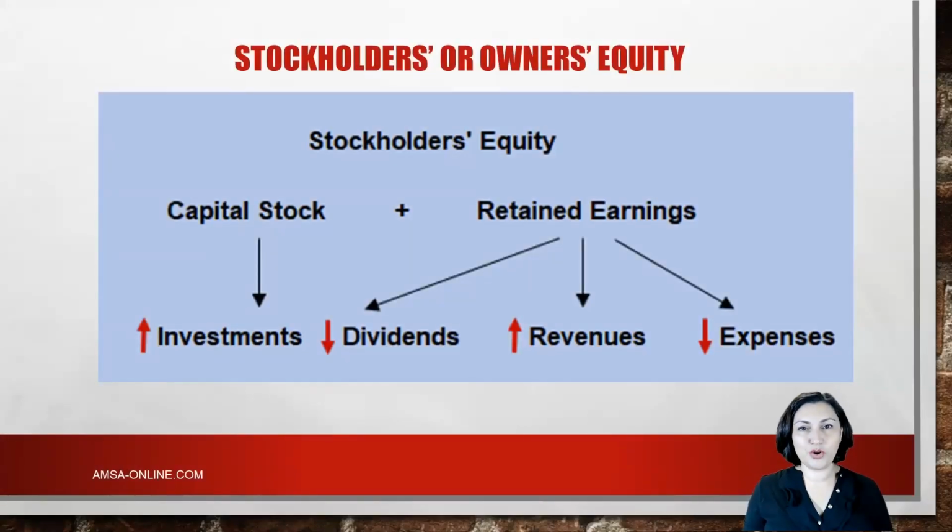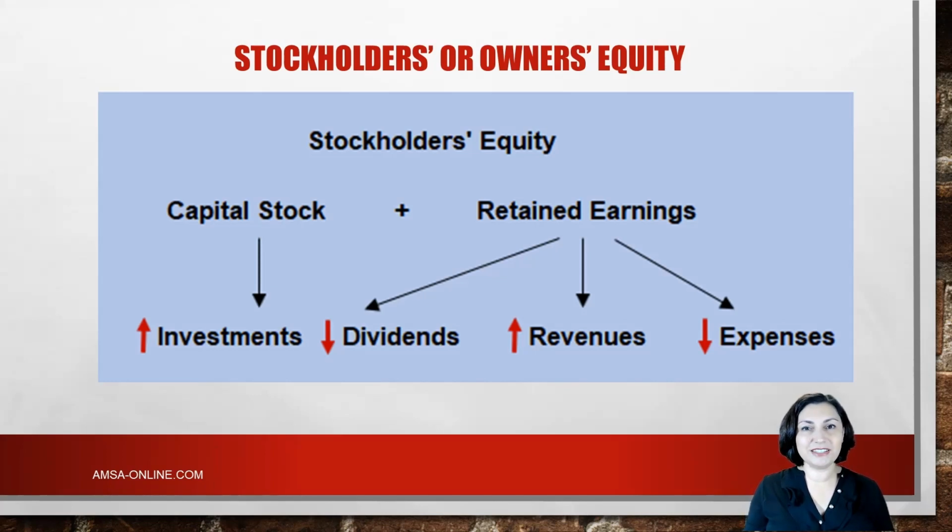Let's also take a closer look at the owner's or shareholders' or stockholders' equity. Capital stock is an investment. It increases owners' or stockholders' equity. Therefore, it is increased by credit and decreased by debit. Dividends, revenues, and expenses are a part of retained earnings, which is a part of stockholders' equity.